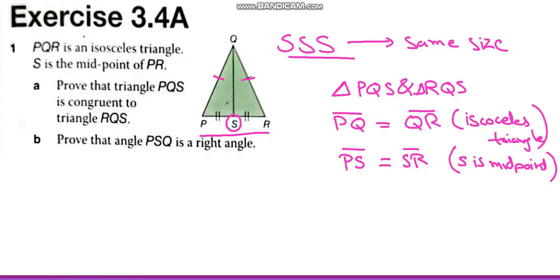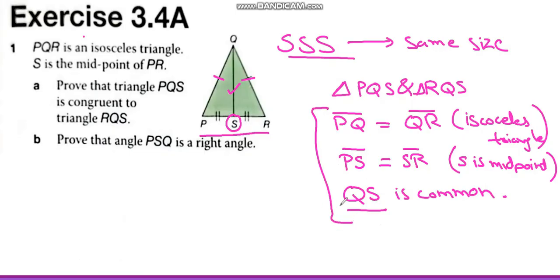Now look, in these two triangles, PQS and RQS, QS is the common side, means both triangles have the common side QS. As we have proved three equal sides, we can say the triangles are congruent.